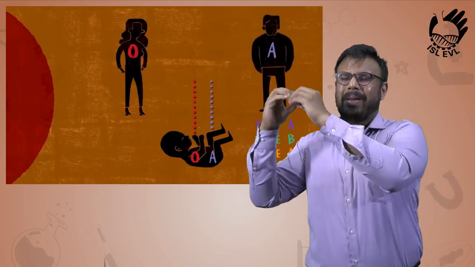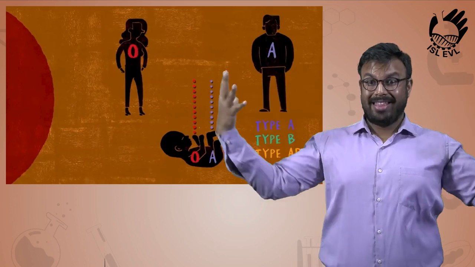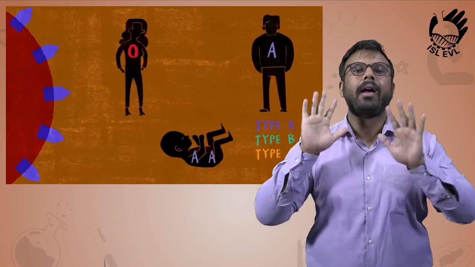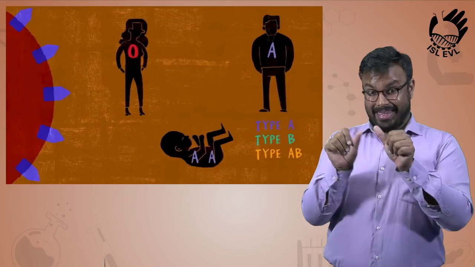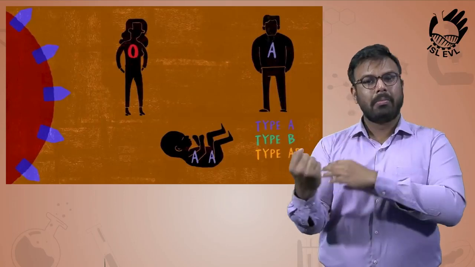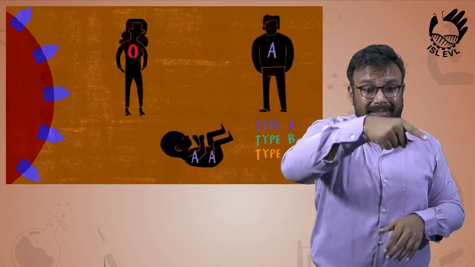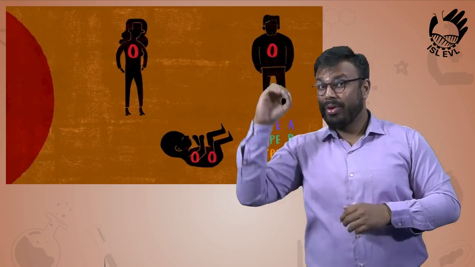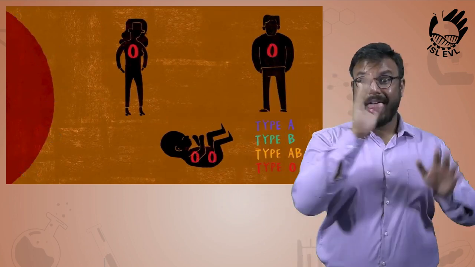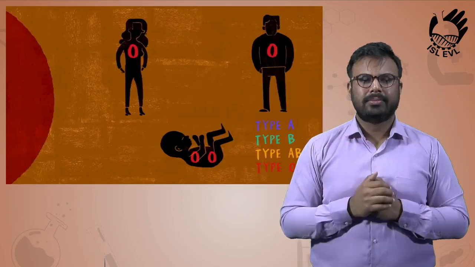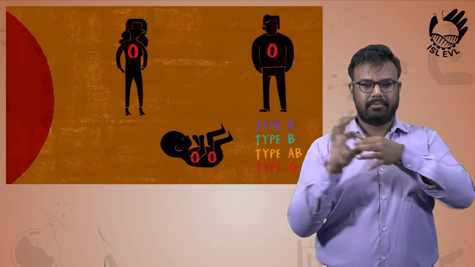So either of the others, which is A or B, will override it, resulting in either type A or type B. This is the dominating power of the A and B alleles. If you happen to inherit two O's, we will get a type O blood.